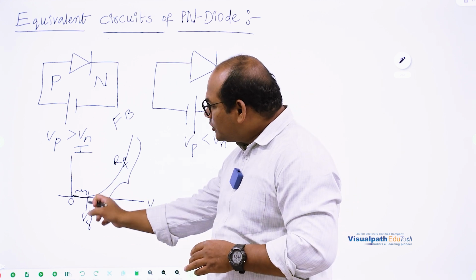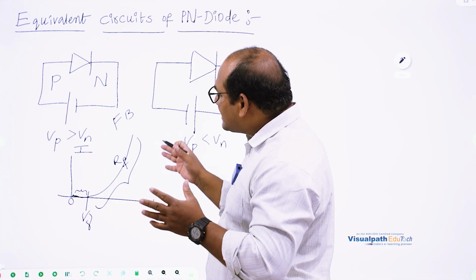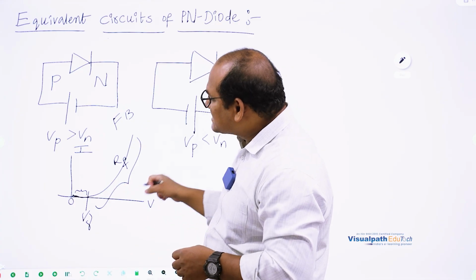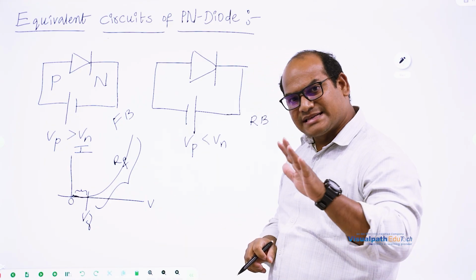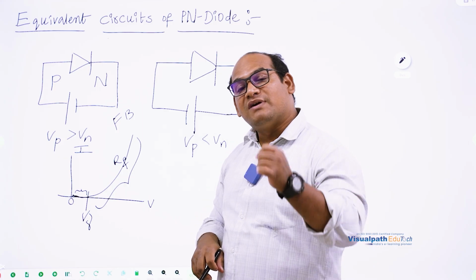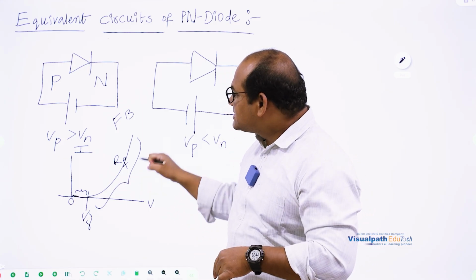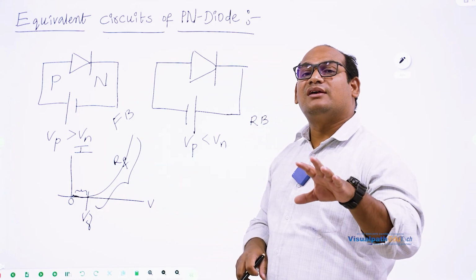Then we need to provide this much voltage, only then is it possible. Can I take the finite resistance value for the entire forward bias characteristics? No. This entire curve represents the forward bias characteristics, but this finite resistance is available only for the part of the forward bias characteristics where current is non-zero. That means from here to here only, this resistance RF can be suitable.